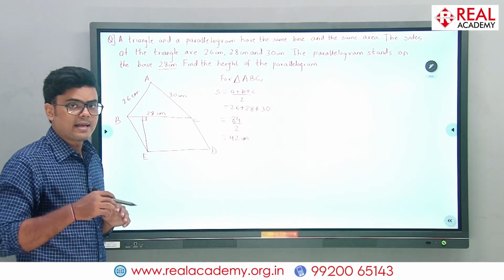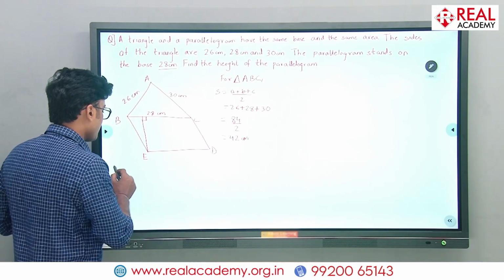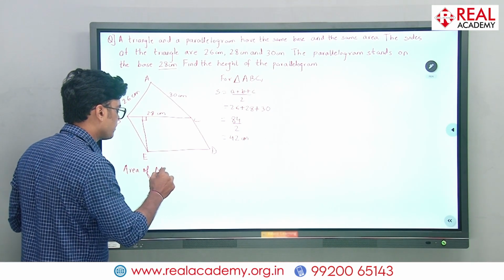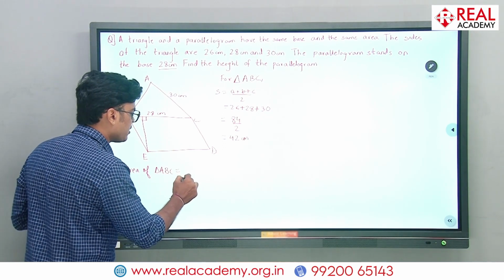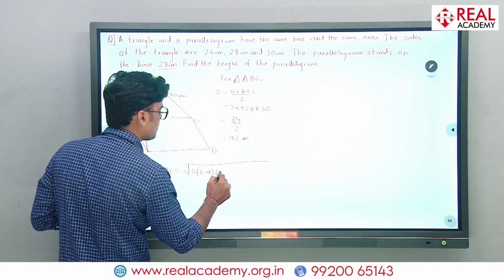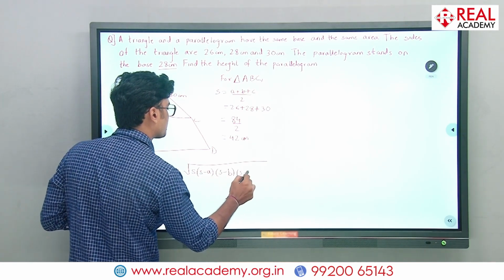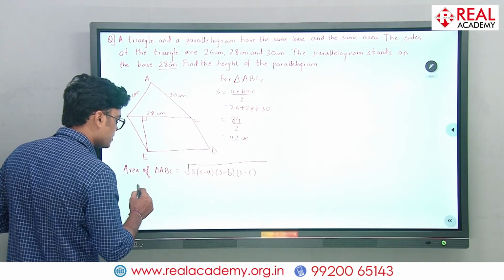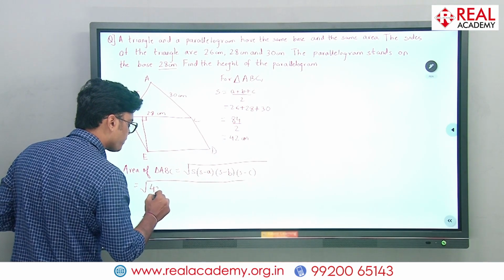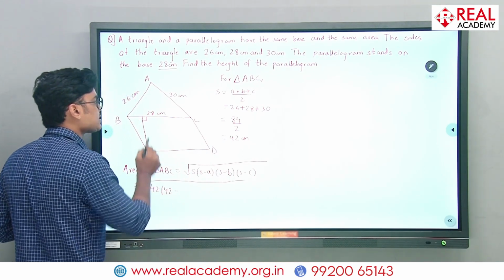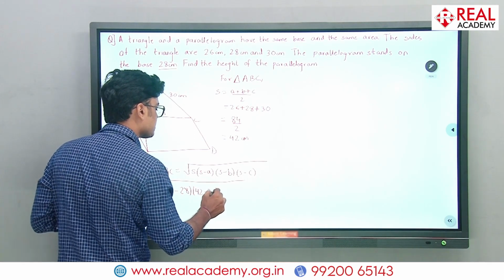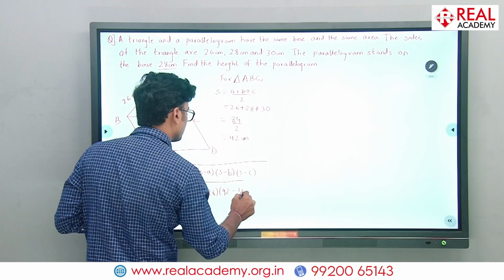Now let us calculate the area of this triangle using Heron's formula. Area of triangle ABC, by Heron's formula, will be the square root of S into S minus A, S minus B, S minus C. Substitute the values: square root of 42 multiplied by 42 minus 28, 42 minus 26, 42 minus 30.